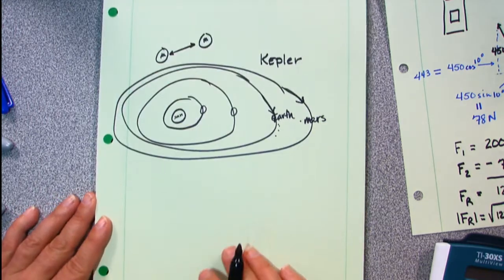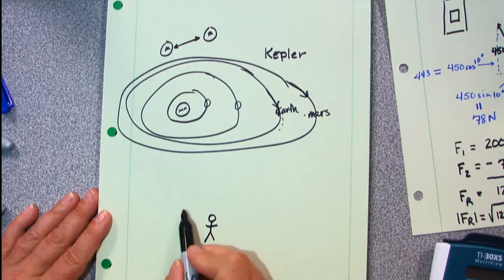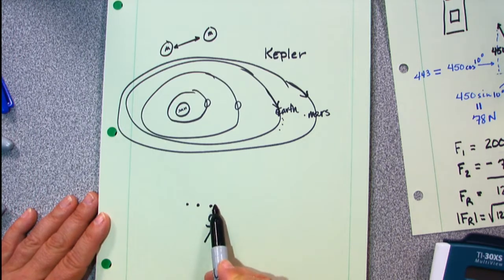If I'm sitting here on Earth looking at Mars, one day I'm going to see Mars right there. The next day I'm going to see Mars kind of in the same spot, and then again in the same spot.